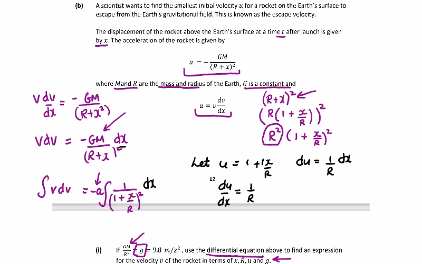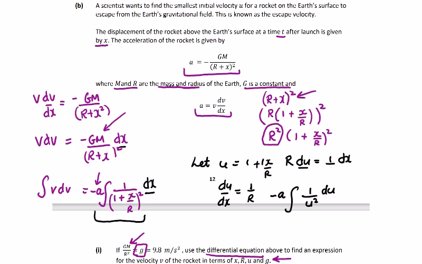I have the integral of this guy, which is the integral of minus g r squared on the outside. We let u equal 1 plus x over r, so it's 1 over u squared dx, or du. du is equal to my 1 over r dx. So to keep my dx, I actually have r du equal to dx.